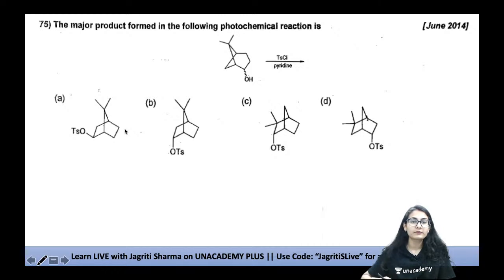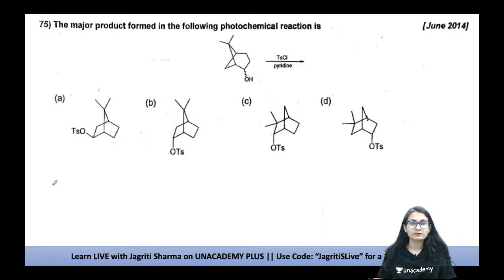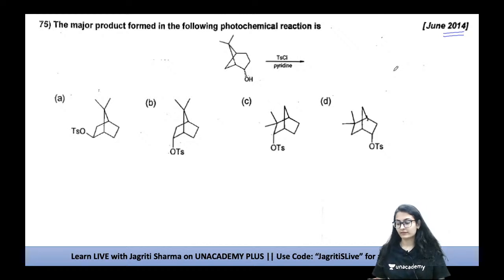Here it is. The major product formed in the following photochemical reaction is. Now this is a June 2014 question. Okay, so what do you think is the correct answer from A, B, C and D?